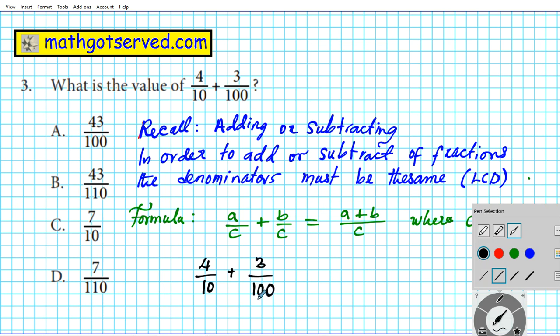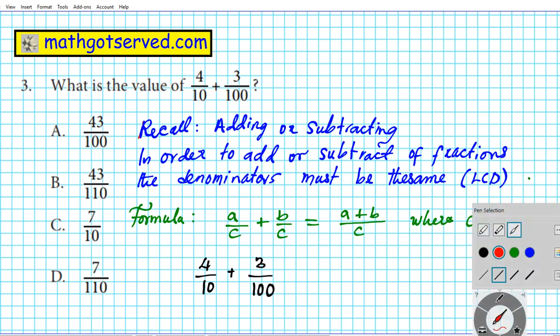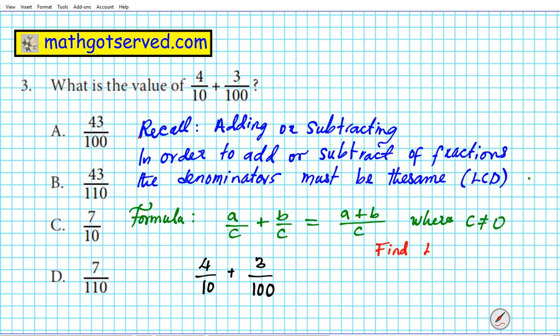The denominators are different, so we can't add. So what we need to do is find the LCD of 10 and 100. So the question is, what is the smallest number that 10 and 100 can go into evenly?